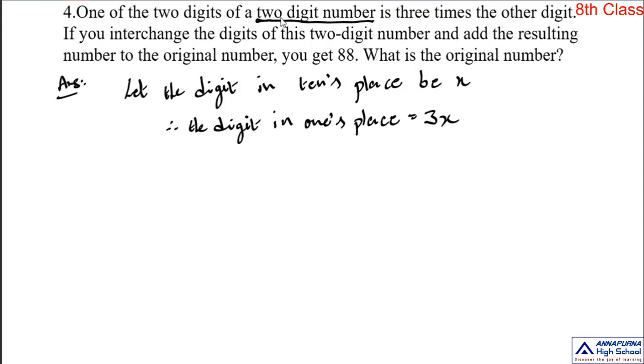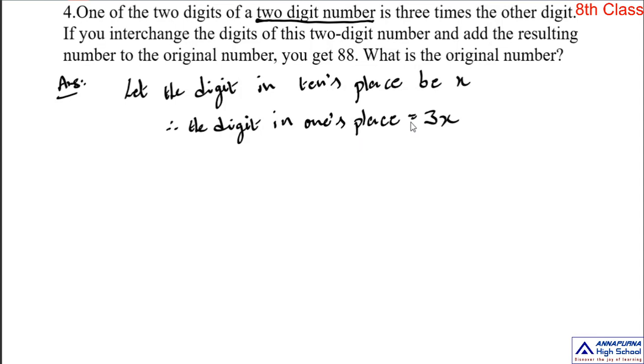How? In the given question it presents very clearly. One of the two digits is 3 times the other digit. So here I have taken the digit at tens place as x, so obviously the digit at ones place is 3x.